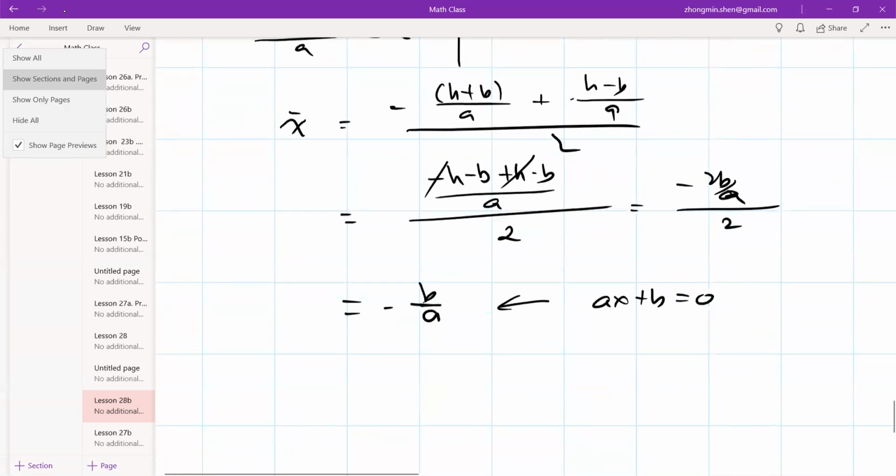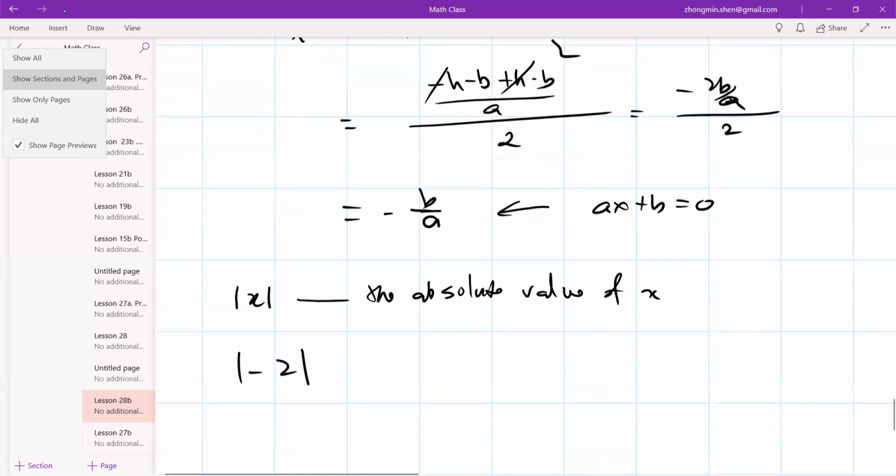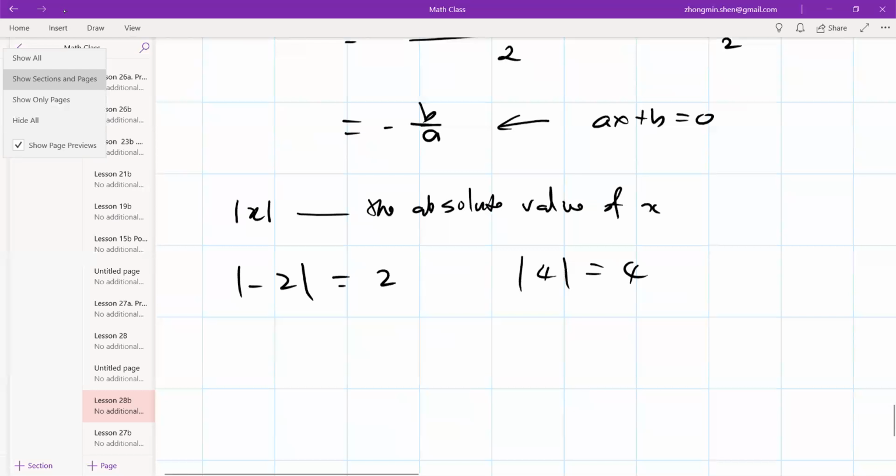All right, so let me talk about the meaning of this one. This is absolute value x, right? And then everybody knows the definition. If you're given this is going to be 2, right? And that's still 4. Just drop the negative sign. But if x is negative, how can I drop the absolute value symbol?